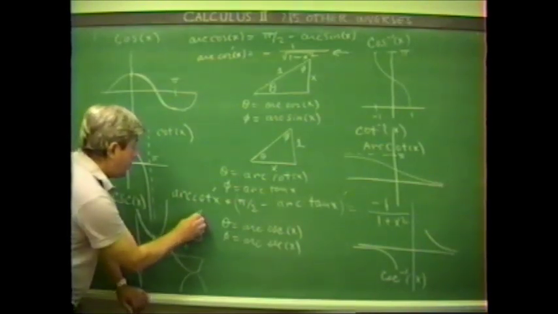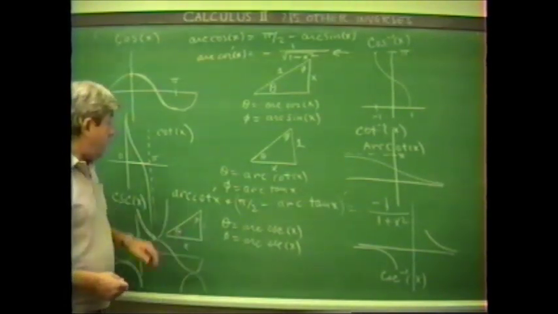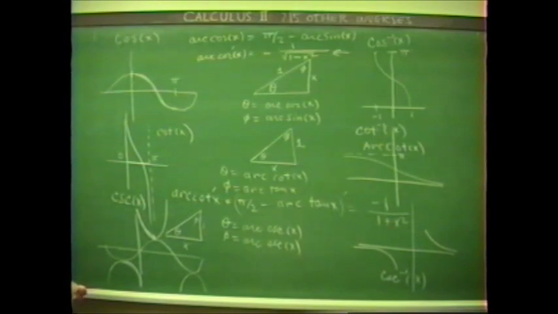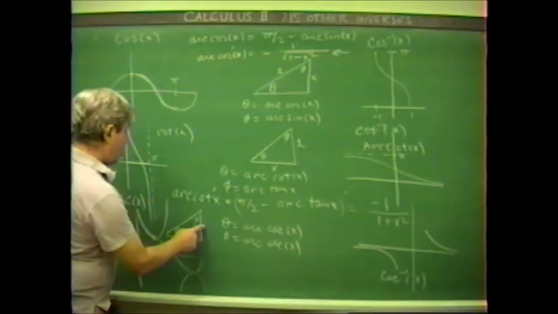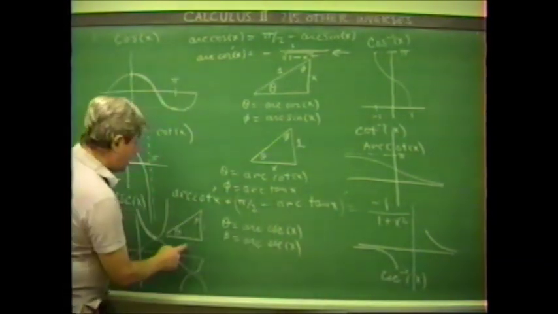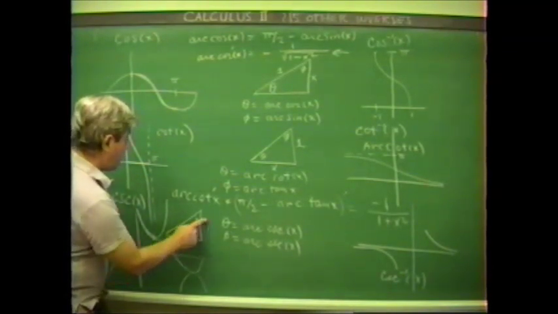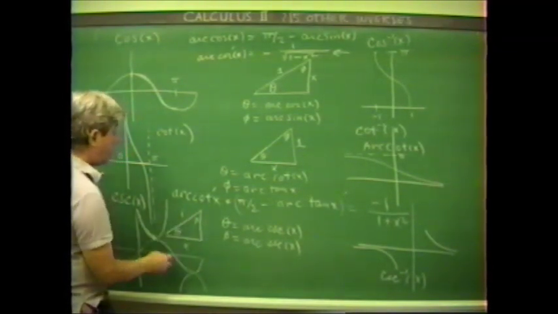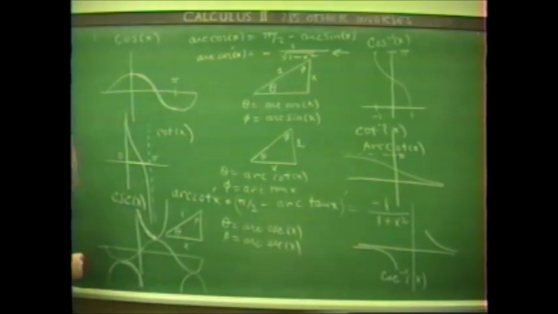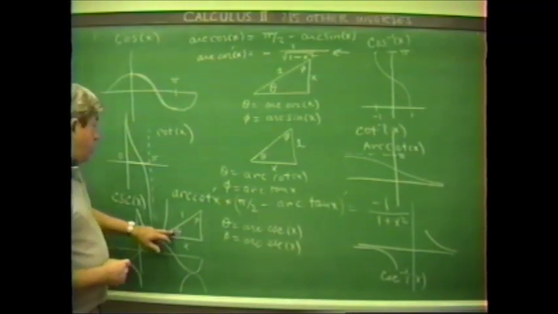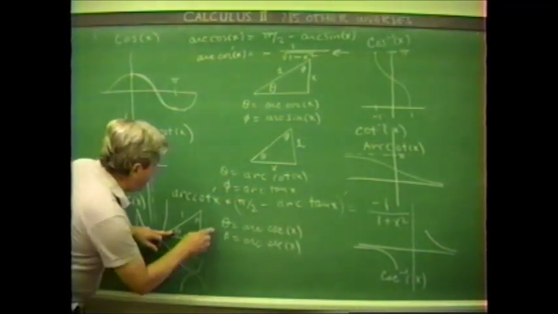Then phi up here is going to be the angle whose secant is x.